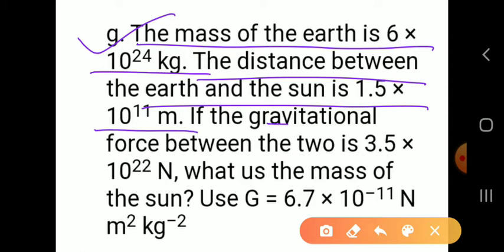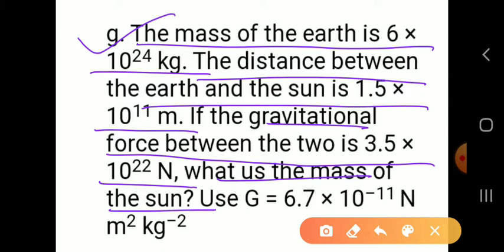If the gravitational force between the two is 3.5 into 10 raised to 22 Newton, what is the mass of the sun? Use G is equal to 6.7 into 10 raised to minus 11 Newton meter square kilogram minus 2. So here you can make the correction, children. It is IS.